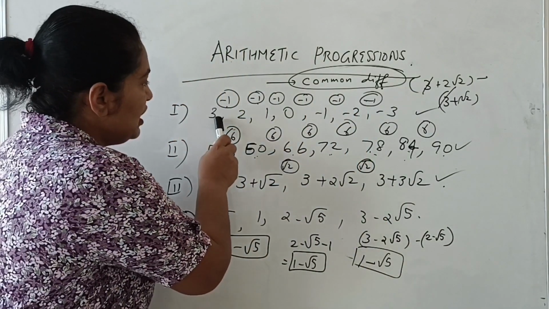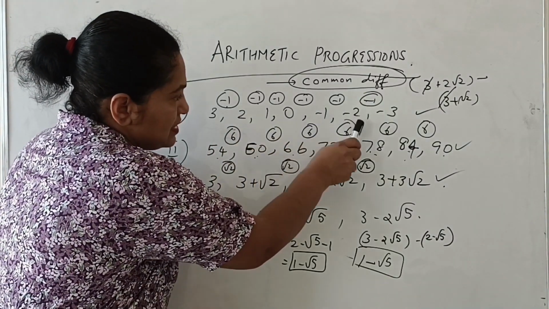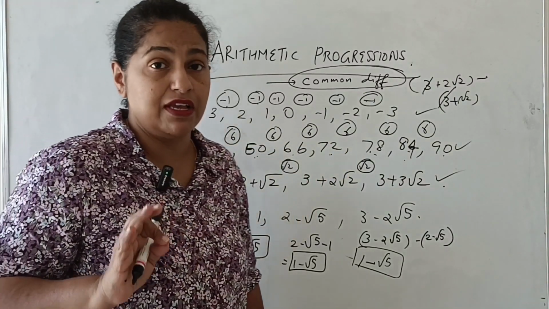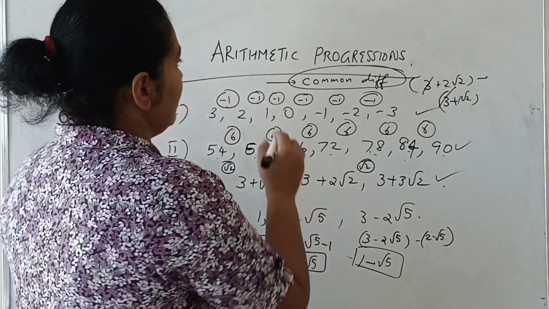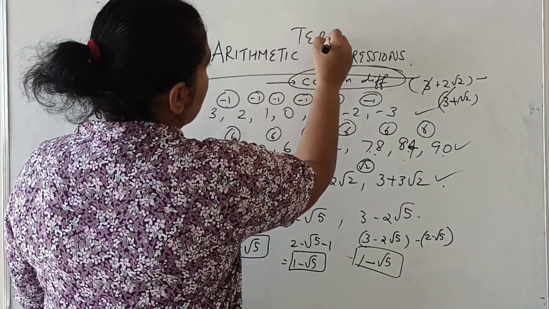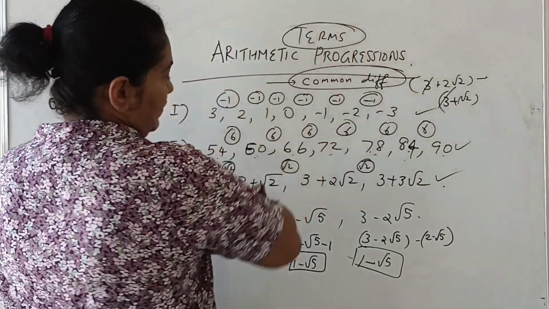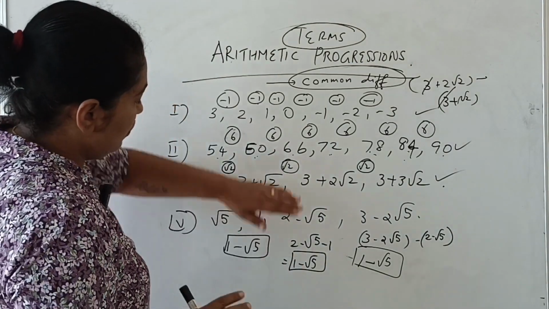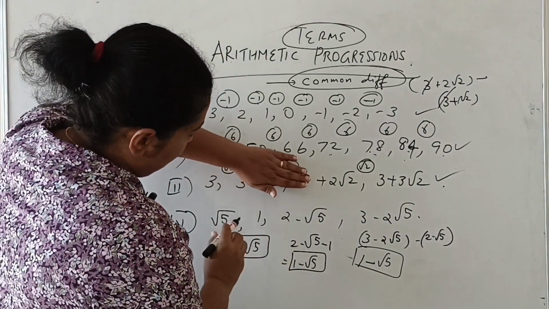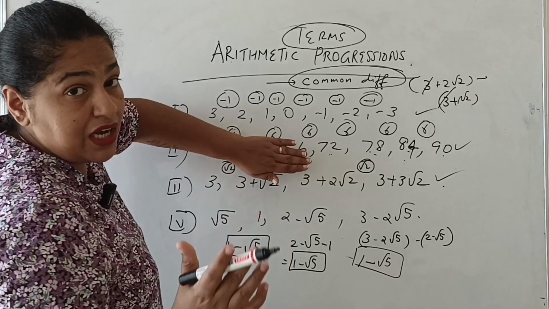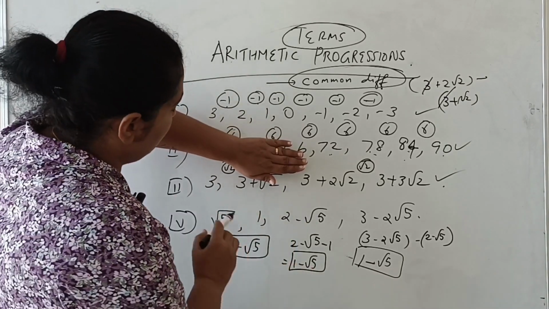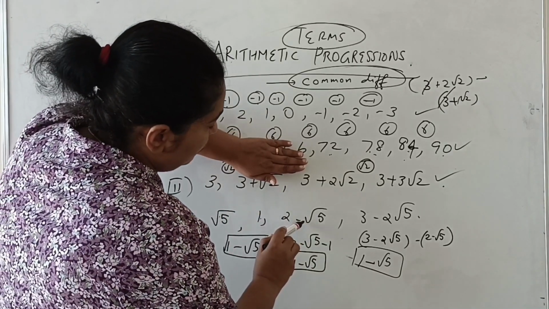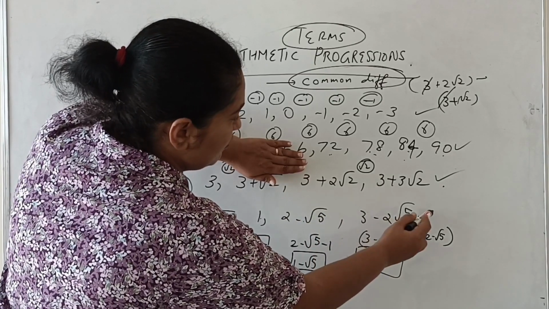Now, each of these numbers which is given in every single progression are called the terms of the progression. Okay, so now if you look at the fourth progression, how many terms does this progression have? Root 5, 1, 2 minus root 5 and 3 minus root 5.